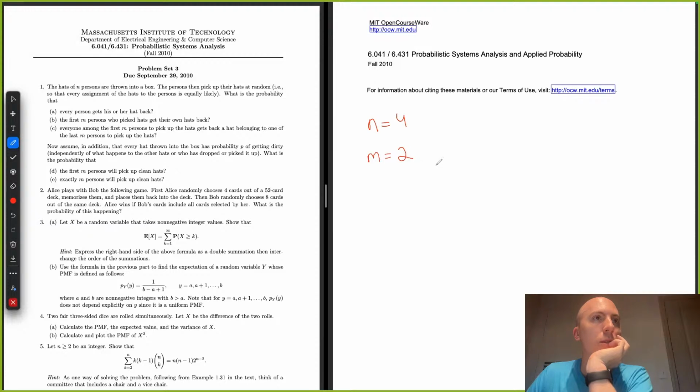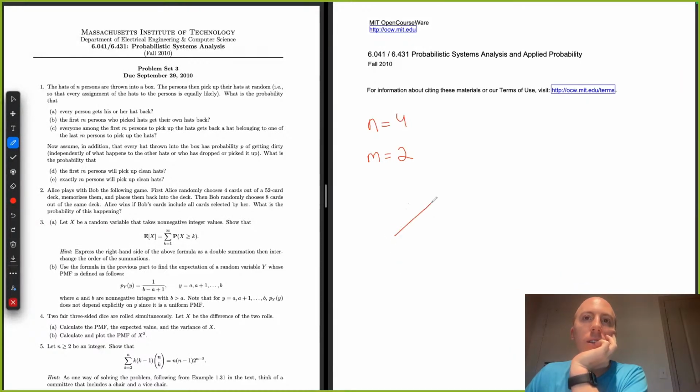The first M persons who picked hats get their own hat back. Well, in this case, if n is equal to 4, then the first person goes, and they could pull hat 1, 2, 3, or 4. We want to think about this more in terms of probability.